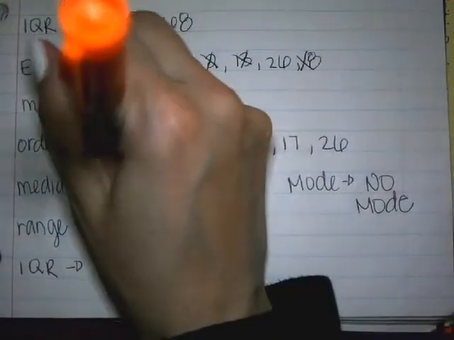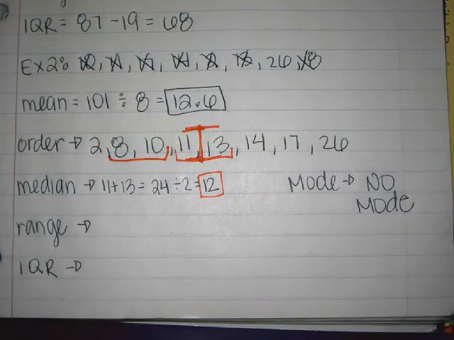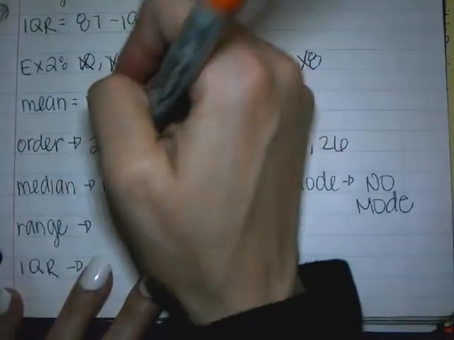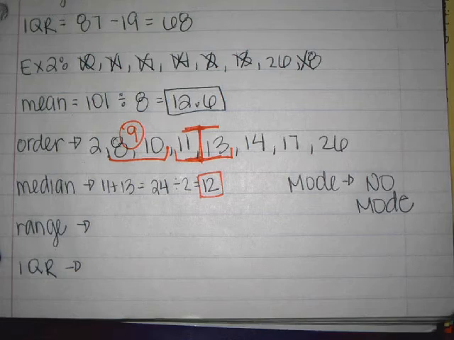I'm going to end up doing 8 plus 10 and divide it by 2 because there are two numbers in the middle. Or I can just find the number that's directly in the middle of 8 and 10, right, guys? What number is between 8 and 10? So my lower quartile is 9. My first quartile is 9 because it is in between 8 and 10.